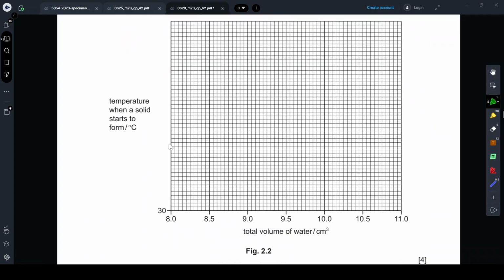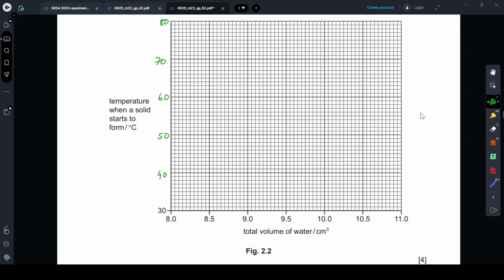So 30, 40, 50, 60, 70, 80. We can do one large square as 10 degrees centigrade. So this is 40, 50, 60, 70, and 80.